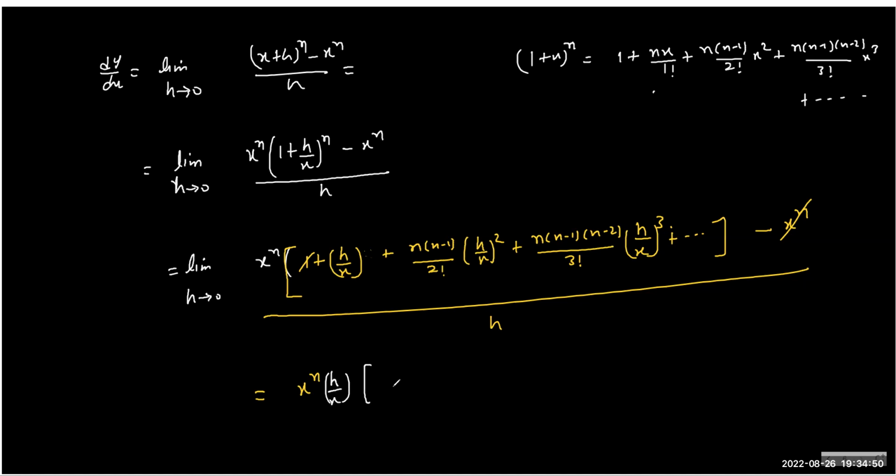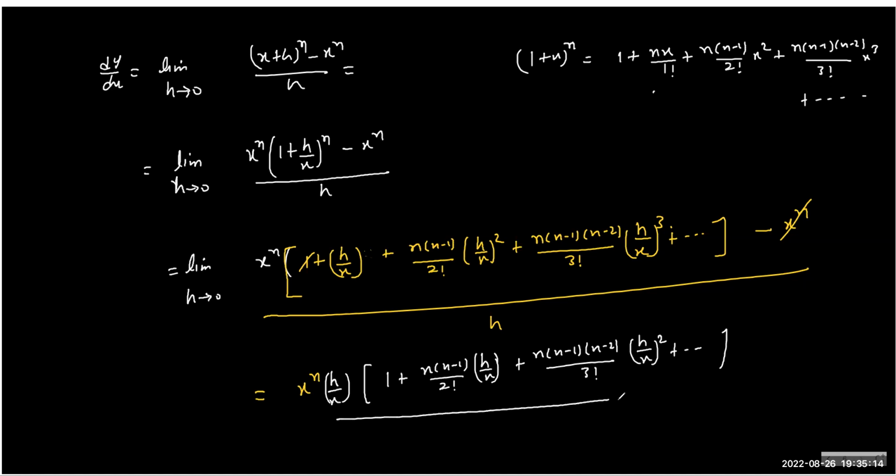Correct? So what will I be left with? 1 plus, and because I have taken h by x common, I will get h by x power 1 because 2 minus 1. The next will be, no need to write further, upon h.